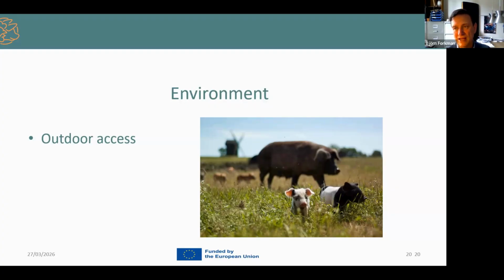In reality, extremely few pigs are kept like this. In Denmark, less than 1%. This picture was actually taken from a specialty meat farm in southern Sweden, the only one of its kind.